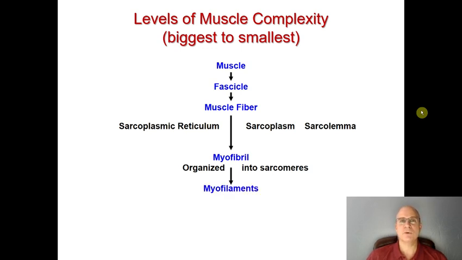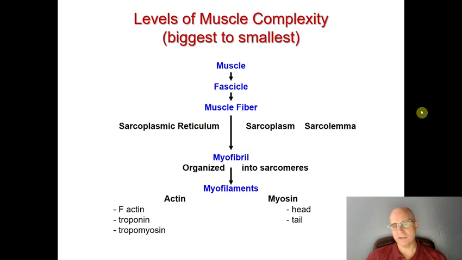Within each myofibril, we're going to have the myofilaments, and sometimes the myofilaments are just called the proteins. The two myofilaments that we're going to be talking about are actin proteins or actin myofilaments, and myosin proteins, myosin myofilaments. Within each one of these, we're going to have structures. So in actin, we're going to see F-actin, tropomyosin, and troponin.